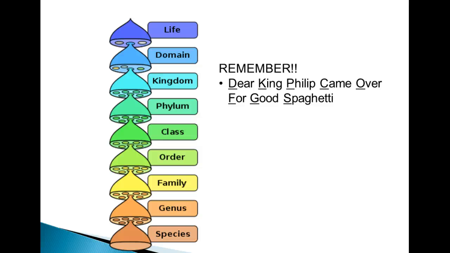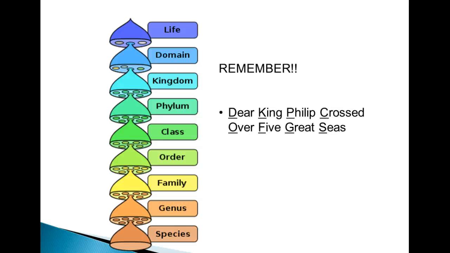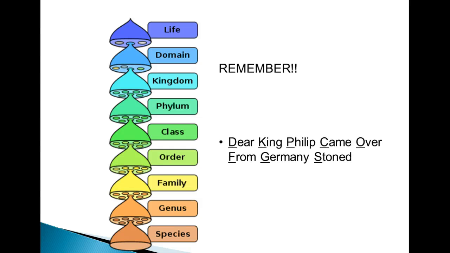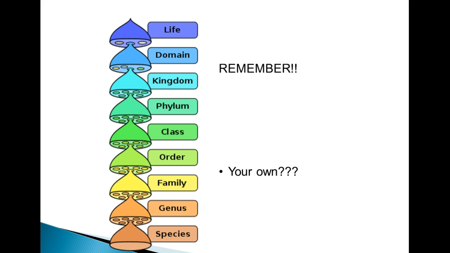So you see here, dear King Philip came over for good spaghetti. Used to be King Philip came over for good spaghetti, but now we have to add the dear. Or you could say, dear King Philip crossed over 5 great seas, or dear King Philip came over from Germany stoned, or dear King Philip came over from Granny Smith, or whatever you want to do, or you can make up your own. However, you need to know their proper order. You most likely learned this system without the domain category. Make sure you add it to your memory tool.